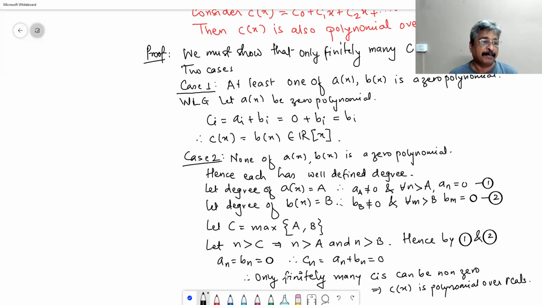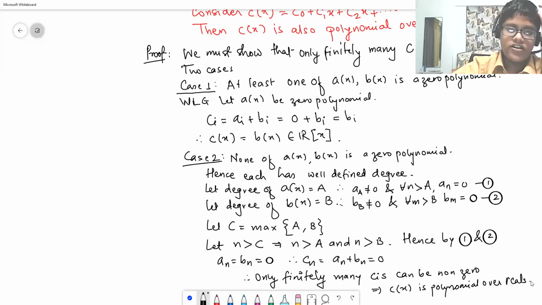That means we have proved after choosing the maximum amongst a and b, the coefficients after that are going to be 0, and hence there are finitely many ci's which are non-zero, and therefore c of x is a polynomial.